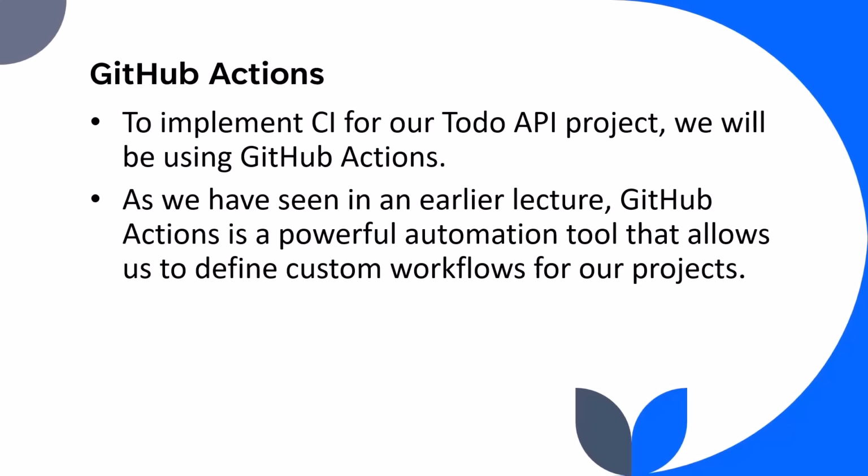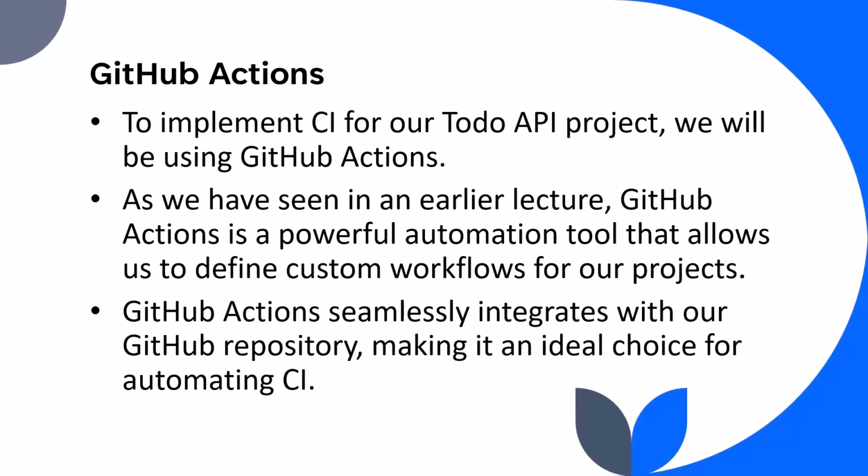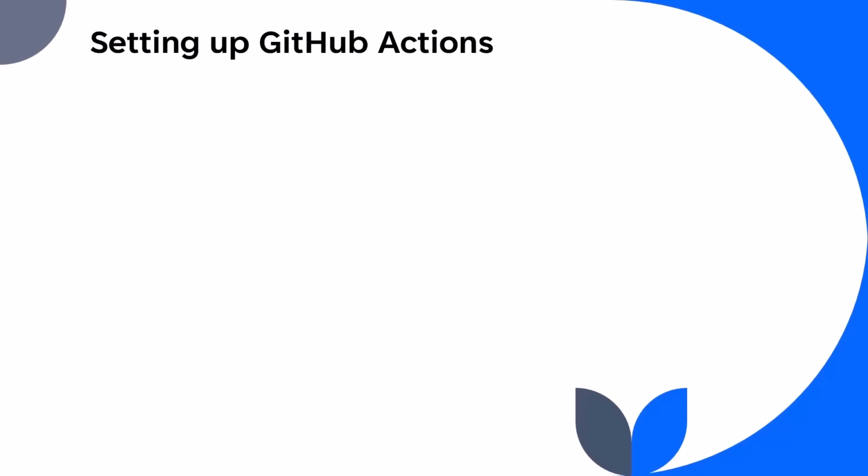Like we have seen in the lecture about the website checker, the GitHub Actions workflow is automated and it builds the application and restores the dependencies. So we'll extend it further. GitHub Actions seamlessly integrates with our GitHub repository, making it an ideal choice for automating CI, which we have already seen.